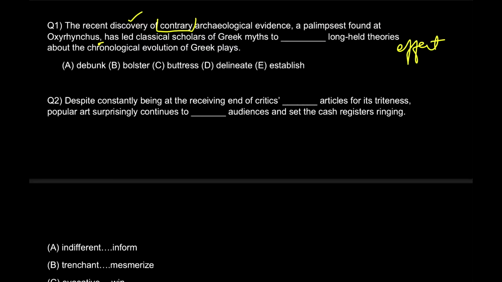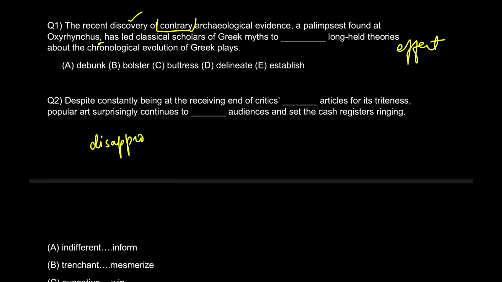And if I go and examine part 2, which is after the comma, then what is mentioned here? It has led the classical scholars of the Greek myths to do something, long held theories about the chronological evolution of Greek plays. What will be the effect of the discovery of opposing evidence? क्या हो सकता है? आप सोच के देखो. Will it be strongly weakened or disapproved? क्या current theories को हम लोग और मानना बंद कर देंगे? Yes. The answer option must be a word which should disapprove.